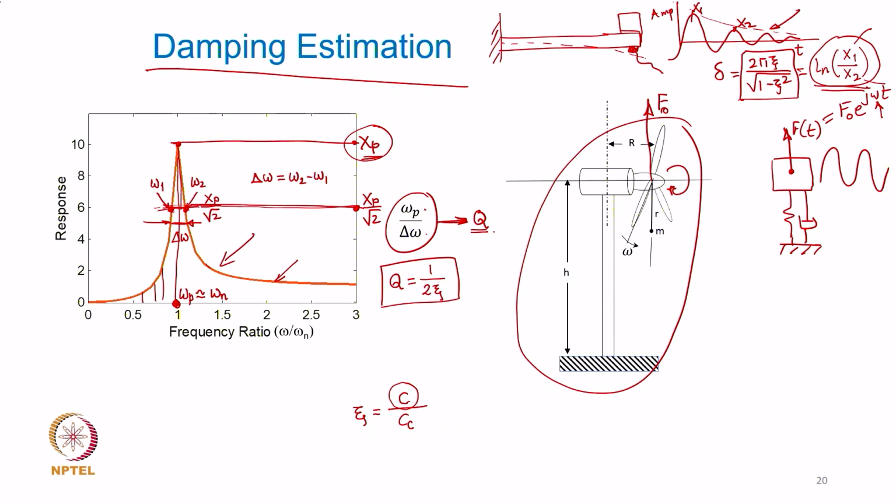which is theoretically shown to be a ratio like 2 pi zeta upon square root of 1 minus zeta square. Now, for a low level of damping, this ratio can be approximated as 2 pi zeta, okay, equal to this value. So, once this is quantified, I have zeta found out as 1 upon 2 pi ln x1 upon x2. This value is already known from the practical measurement, so I can get the estimate of the damping factor in the system.